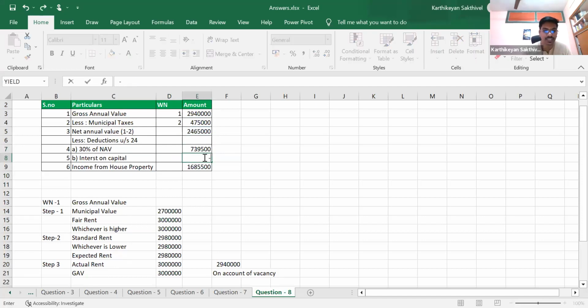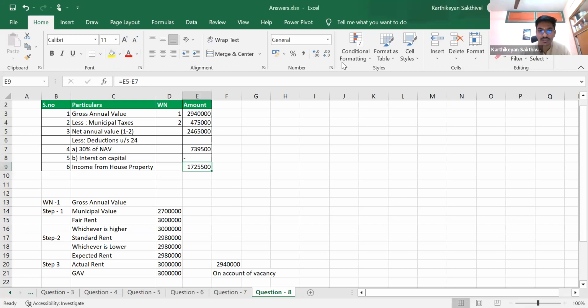Interest on capital, there is nothing. Right? Okay. So the income from house property will be somewhere around 17,25,500.